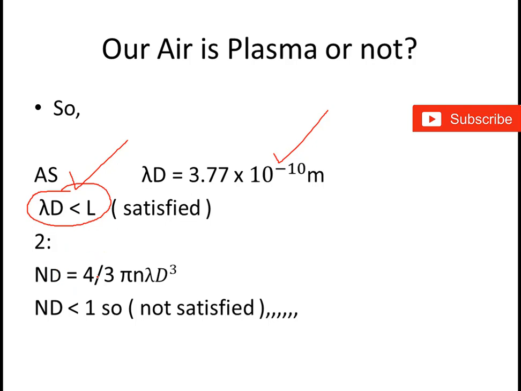As we know, nd is 4/3 pi n lambda d cube, the number of charged particles in the Debye sphere. So we will put in this lambda d cube.